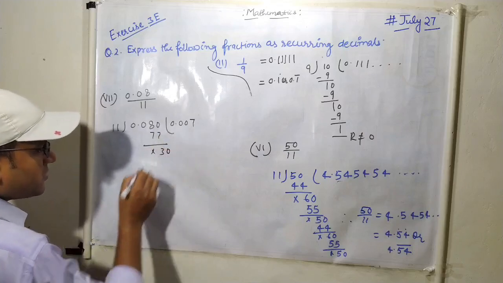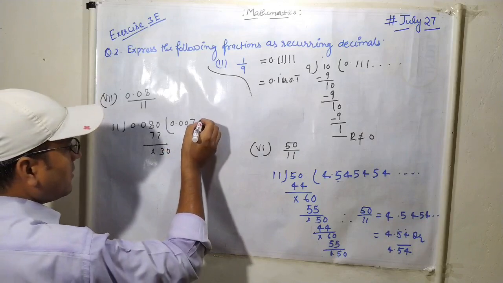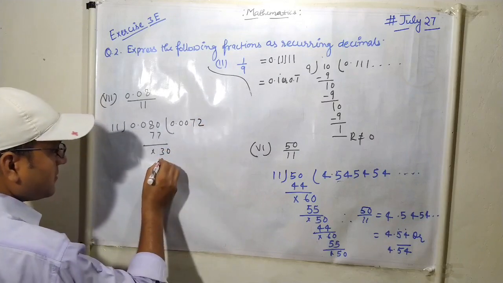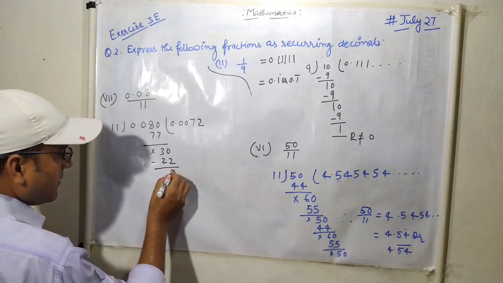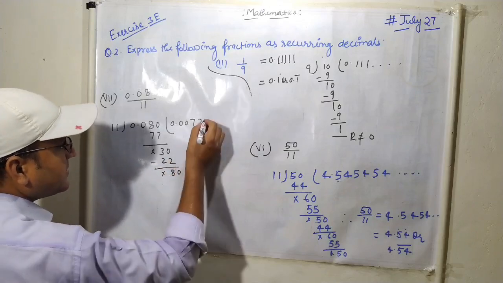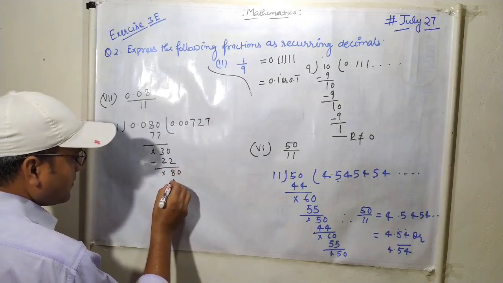Because you have taken a decimal, so take 0 there. 2 times 11 is 22, remainder 8, again 77.